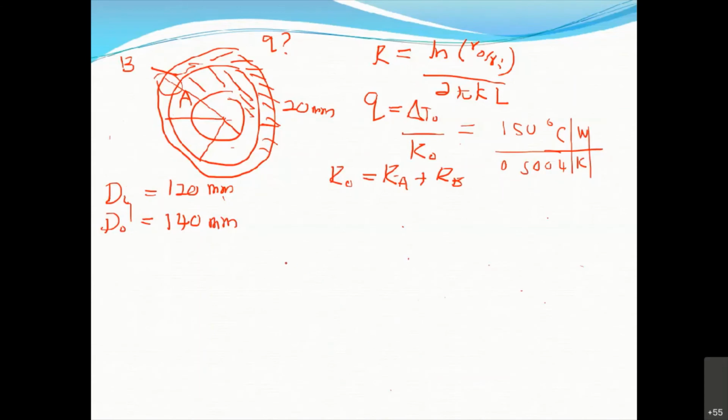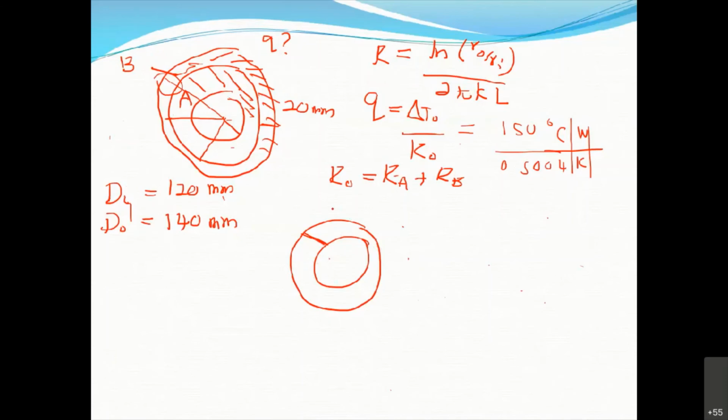Every pipe will have an inner and outer diameter. When we're talking about pipe and tube, it will have inner and outer diameter. There will be a thickness. Sometimes this thickness is not that significant, but it will have a thickness. If a metal tube or metal pipe has a thickness, it will have an inner and outer diameter.